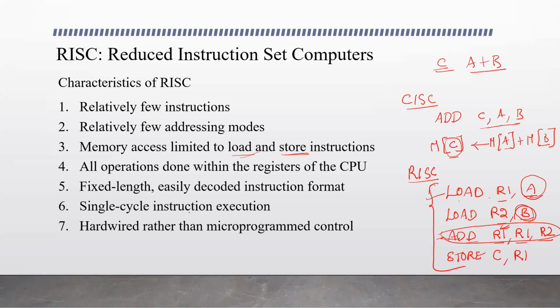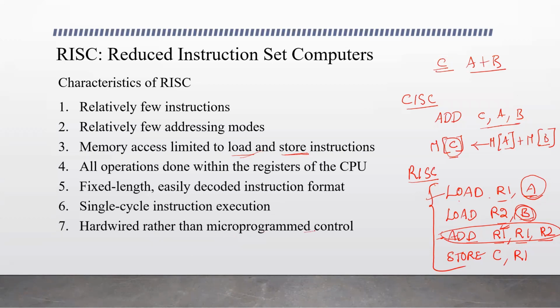And single cycle instruction execution. These instructions are performed faster. It has a simple instruction format, very simple, and it can be executed in a single instruction cycle. And these are hardwired rather than microprogrammed control.